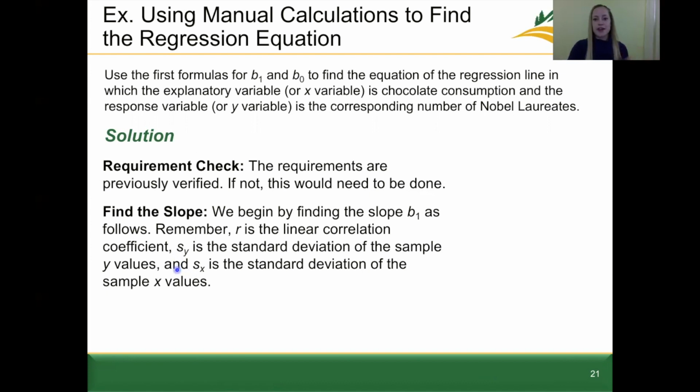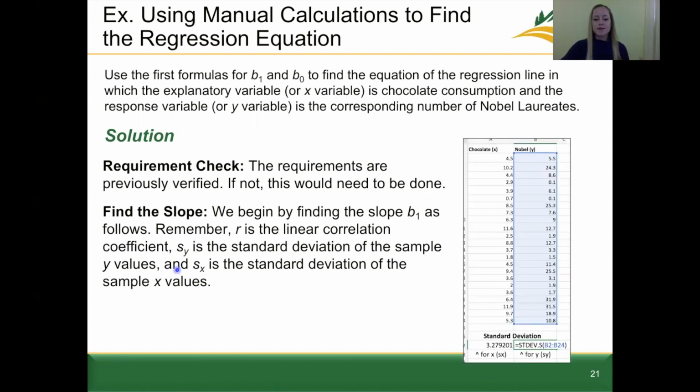Now, you can do this in whatever order makes sense to you. I'm first going to find the sample standard deviations for my x data and my y data. Remember, these are samples we're working with, so the function in Excel we need to use is equal sign STDEV.S and not P. Remember, .S is for a sample, .P is for a population.